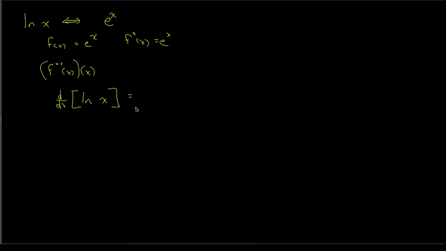Well, we're going to use our inverse relationship then. This is going to be equal to 1 over f prime of x, evaluated at the inverse. So 1 over e to the x evaluated at x equals ln x, because that's the point we're looking to work at.